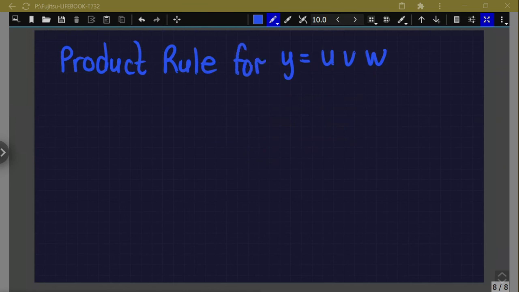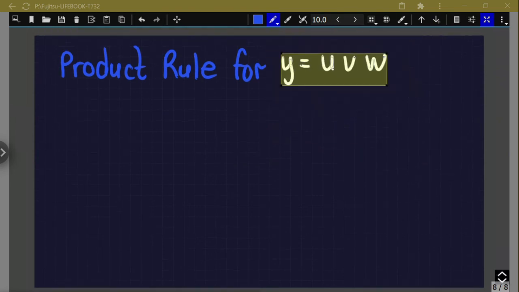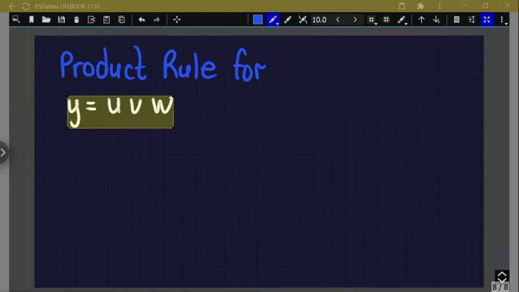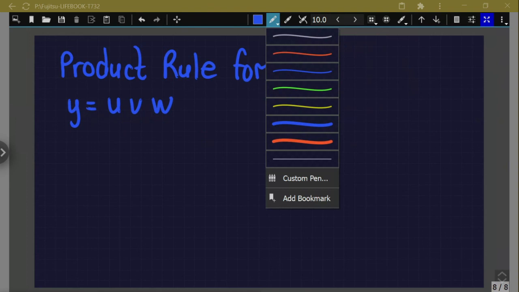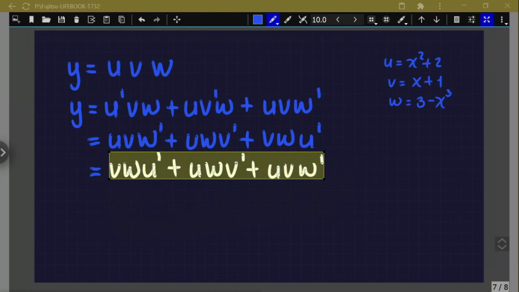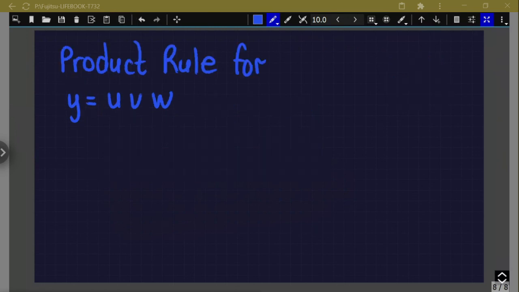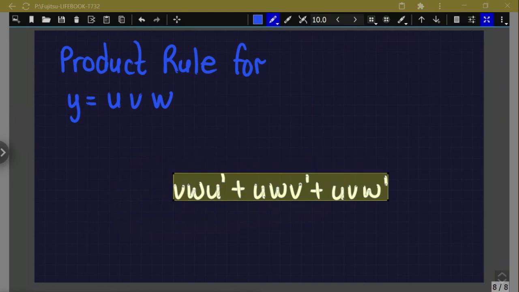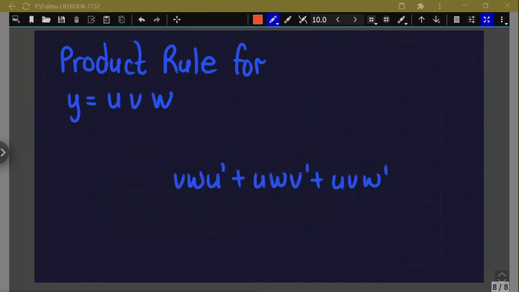Maybe on the next line, we have plenty of space, I can take advantage of the last one here, copy that, go next, paste it here, and it just needs the y prime.